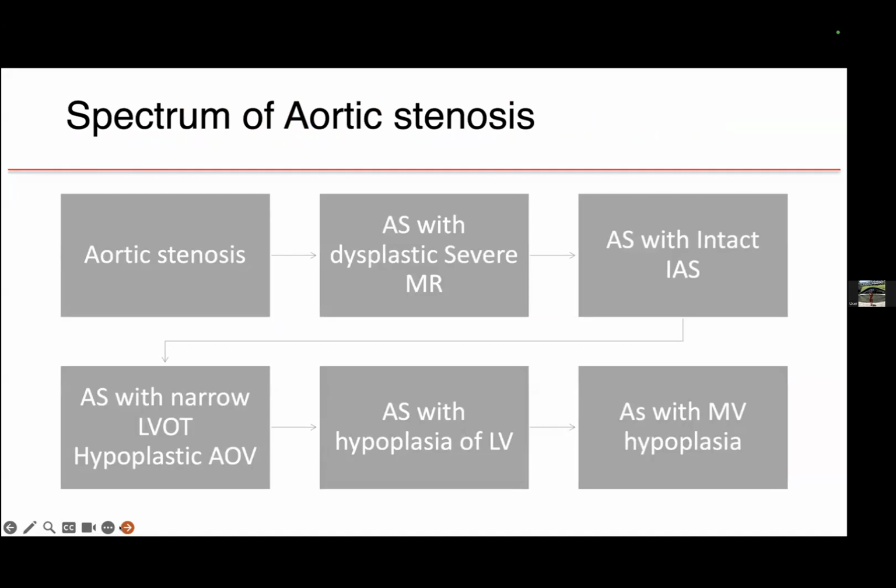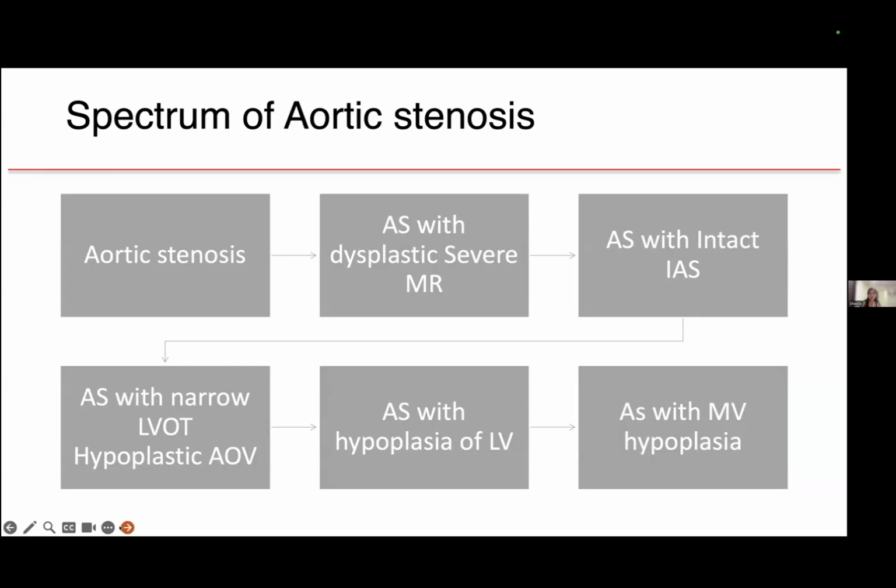So aortic stenosis is a benign spectrum or a simple lesion of the aortic valve. It is not always like that. It can be a combination of lesions, which can be a primary pathology or a secondary pathology. So it can be an isolated aortic stenosis.